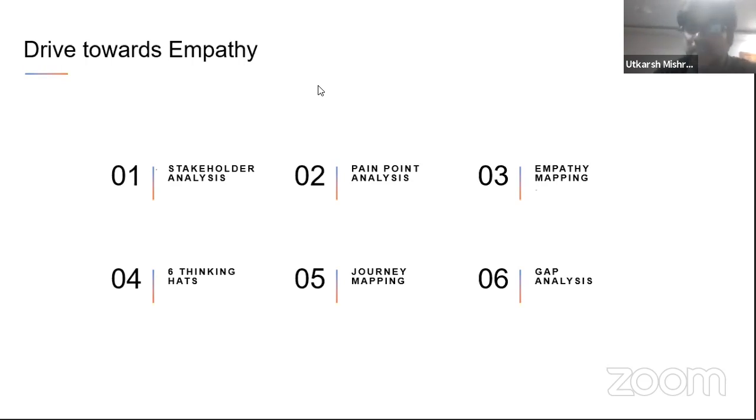So that helps when we mark all those points. It gives us the journey map of the person who is right now in this particular field, and that gives us the gap that we have right now.